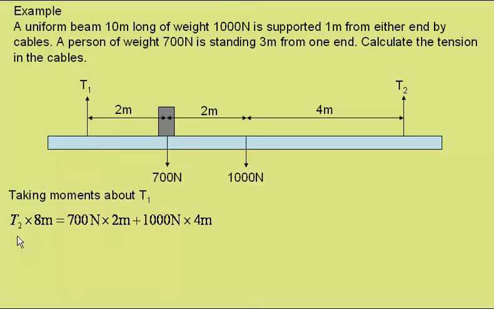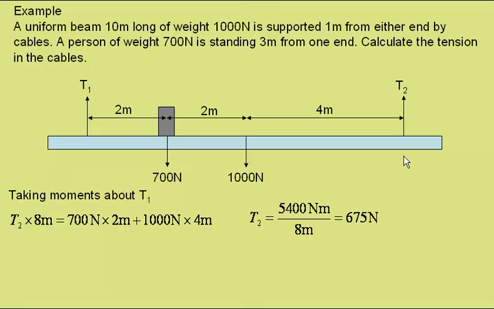So now I have T2, which is the anticlockwise moment provided by this, multiplied by 8 metres, which is this distance, must be equal to the clockwise moments of 700 newtons times 2 metres, the clockwise moment of the person, plus 1000 newtons times 4 metres, the clockwise moment of the beam. I can now rearrange for T2, and I find that T2 is equal to 675 newtons.